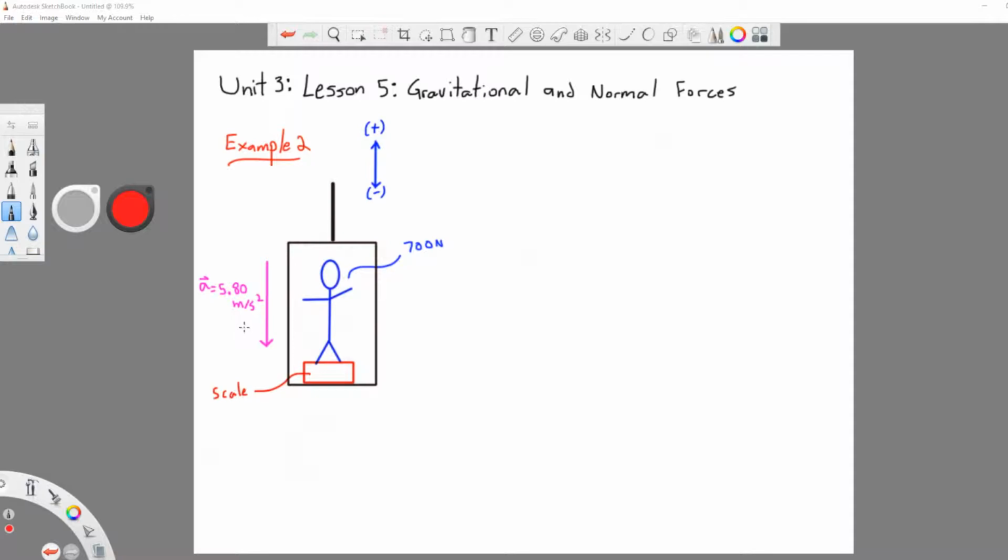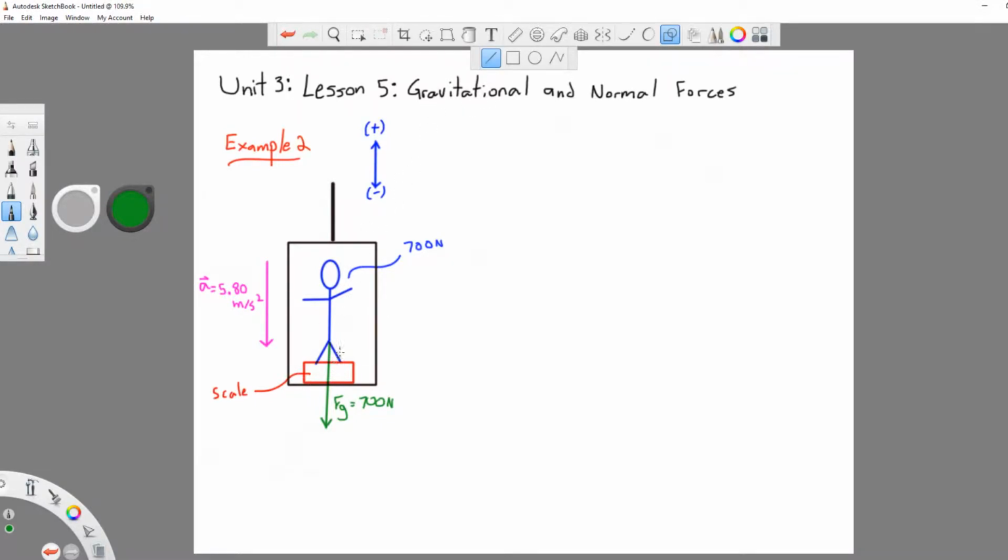All right, so I think what we need to start with is our free body diagram. Let's do it on our person. I've put their weight up here, but I think the better place to put this is drawing it on the person. Right, so this person's weight, their force of gravity, is pulling them downward, and we can call this our Fg, which is equal to 700 newtons.